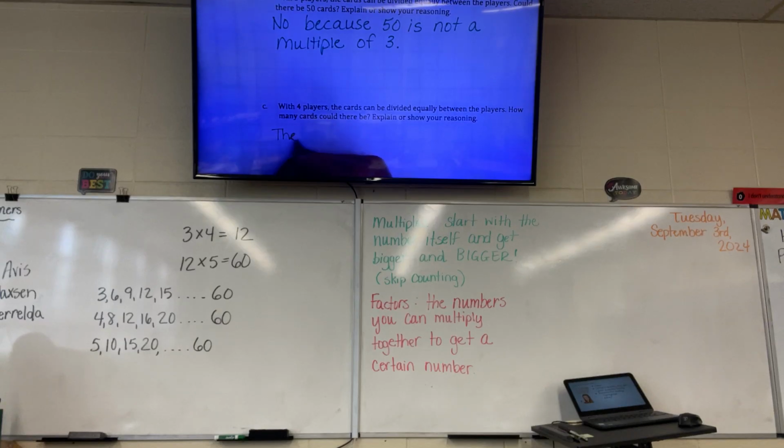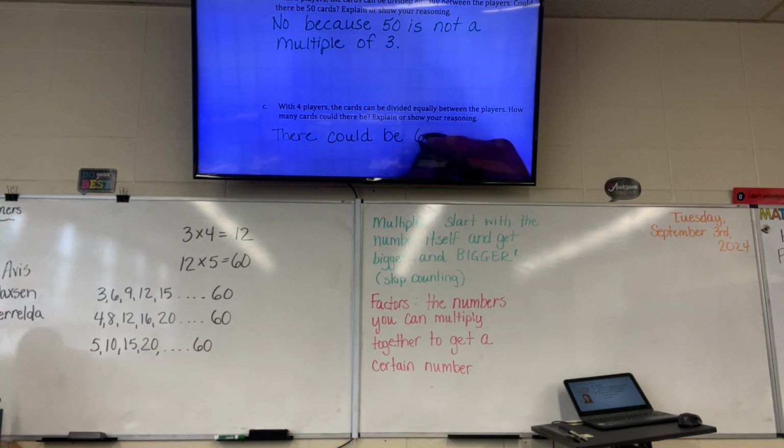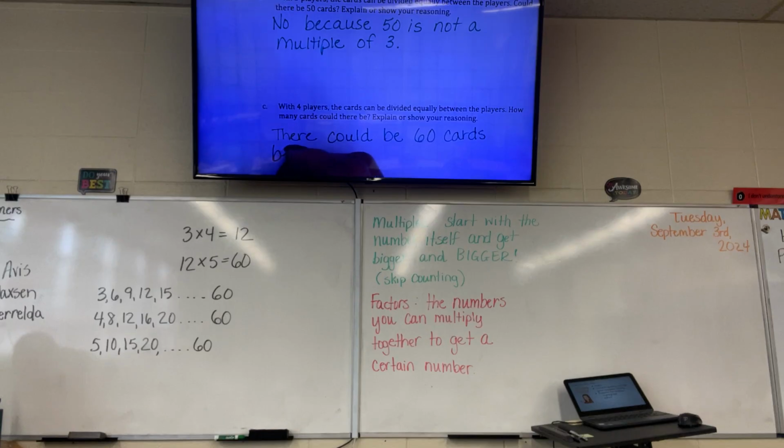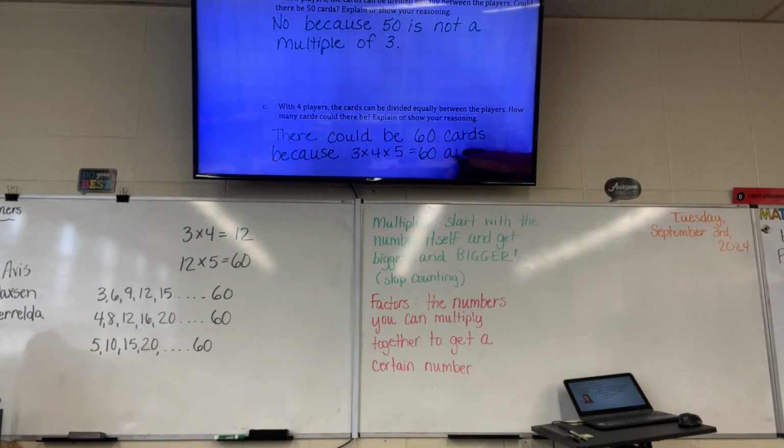There could be 60 cards, because 3 times 4 times 5 equals 60, and 60 is a common multiple.